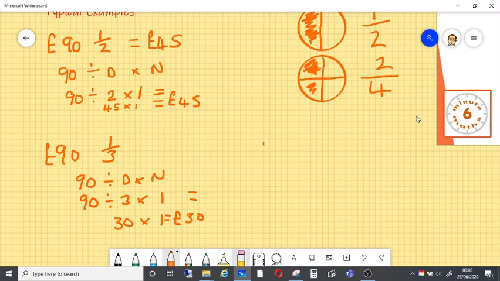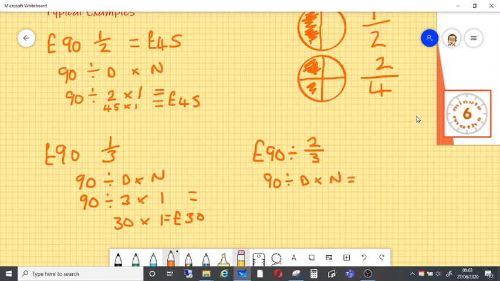Let's just take it one step further before we look at the question. £90, and this time my friend wants 2/3 of the amount, so he wants 2 lots of a third. So same rule applies. 90 divided by the denominator times by the numerator.